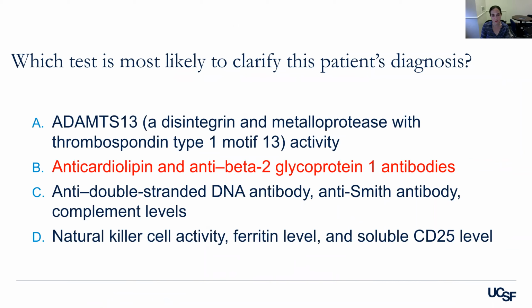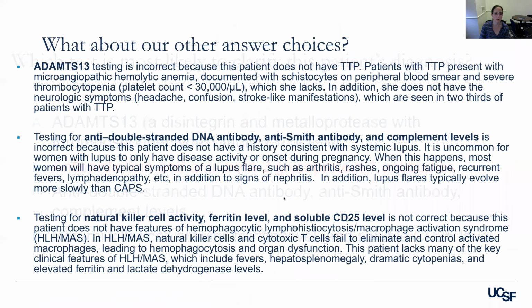and catastrophic antiphospholipid syndrome. Just to do some teaching quickly before we move on to questions about the other answer choices. So the ADAMTS13 test would be a test that would clarify if a patient had TTP. She did not have core clinical features of TTP, although certainly there can be a lot of overlap in our patients with CAPS.